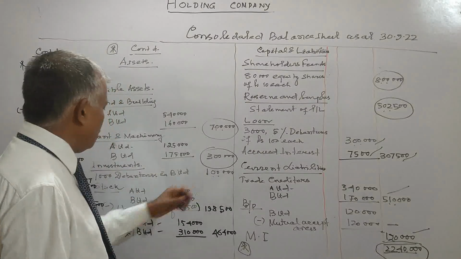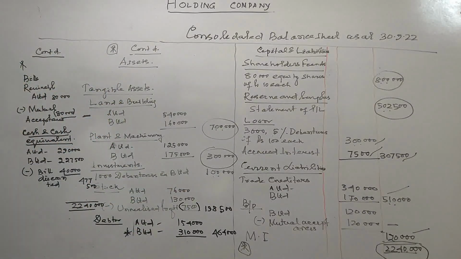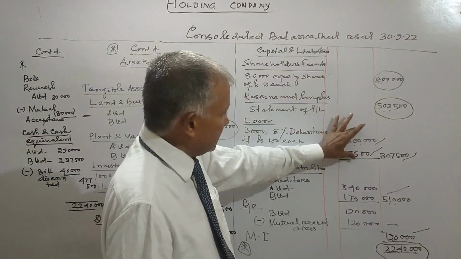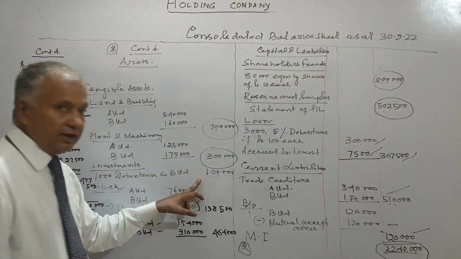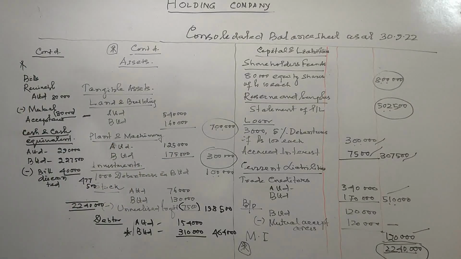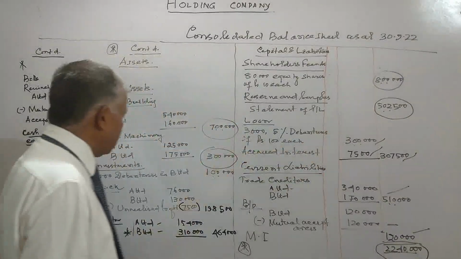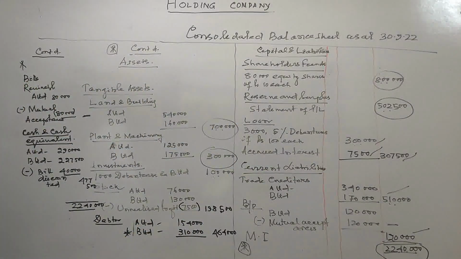Here it is a liability, there it is shown as an asset. We are not making any adjustment in the debentures.